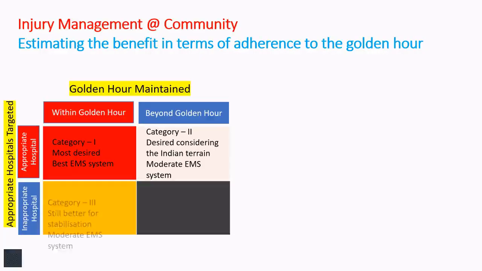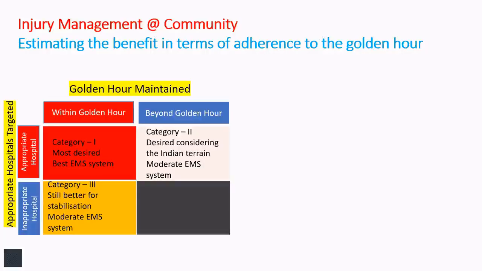Then the third category is that the golden hour is maintained, but the patient is being transported to an inappropriate hospital. This is not a very desired situation as far as patient stability is concerned. But if the golden hour is maintained, at least the healthcare organization where the patient has been transported can provide a little support to stabilize the patient before the patient moves to a better facility for further intervention.